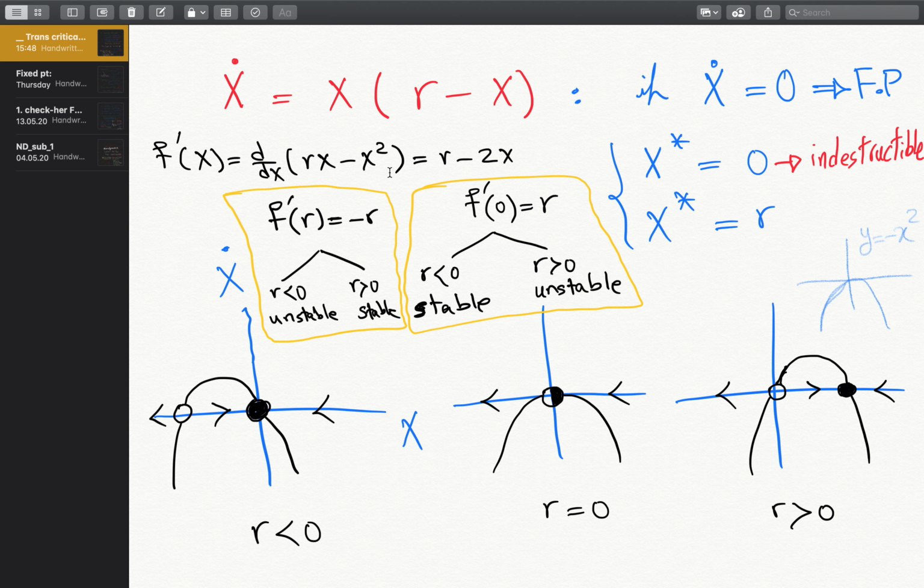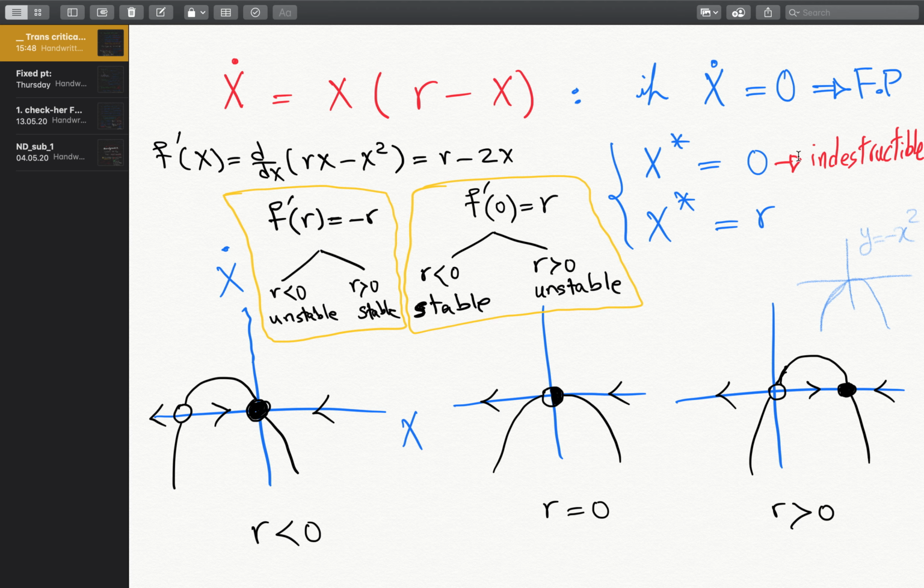And the first derivative of the second part, taking the power as a multiplication, is minus 2 times x, right? So f prime of x is equal to r minus 2x.